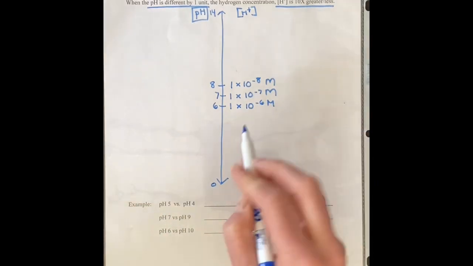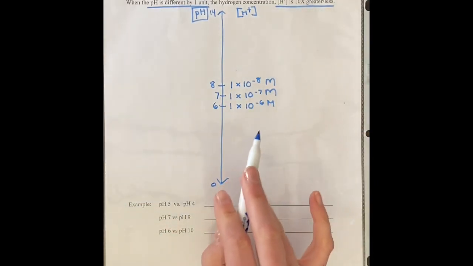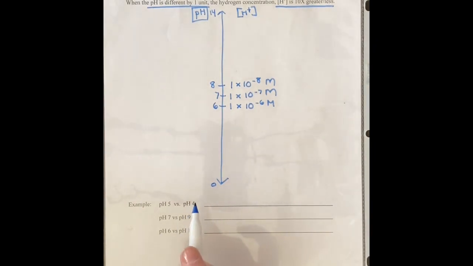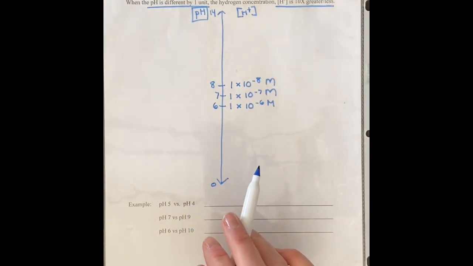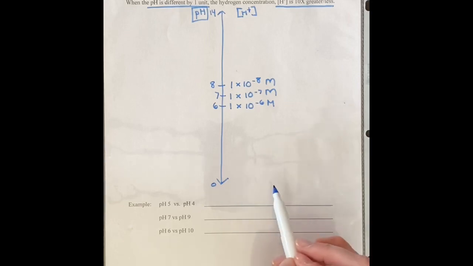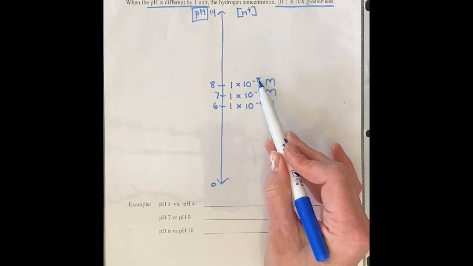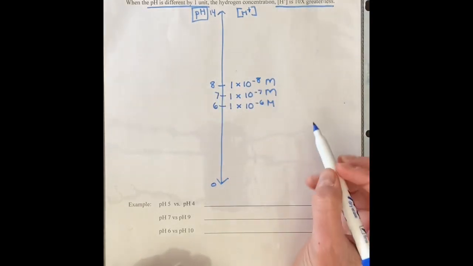Okay, now as I'm writing these out, if these numbers aren't making sense quite yet, please rewind a little bit and go back to the notes where we just talked about that logarithmic equation and how those exponents are matching up to the pH value.